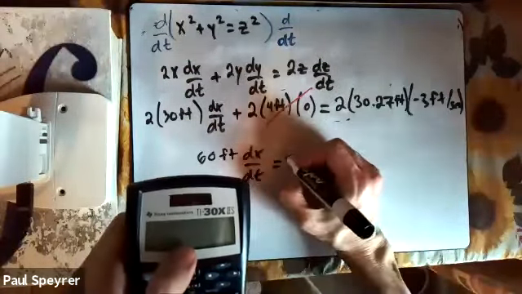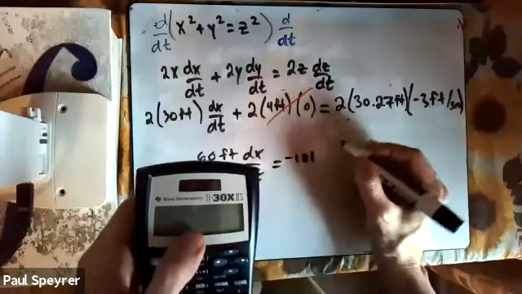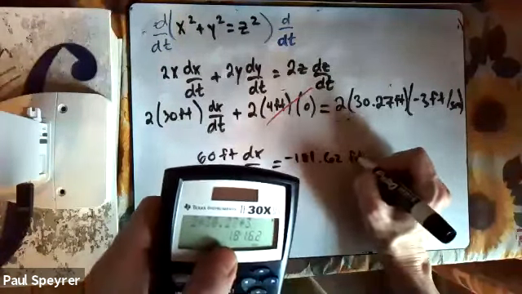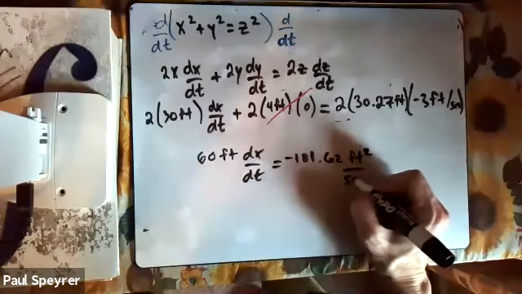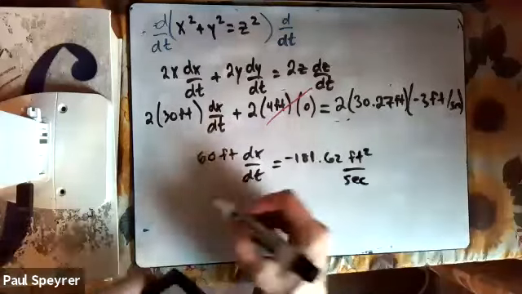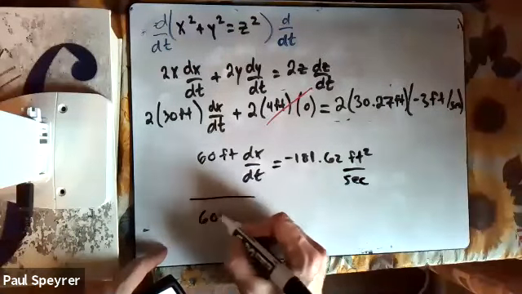negative 181.62 feet squared per second. Again, feet squared because feet times feet is feet squared. And then we divide both sides by 60 feet.